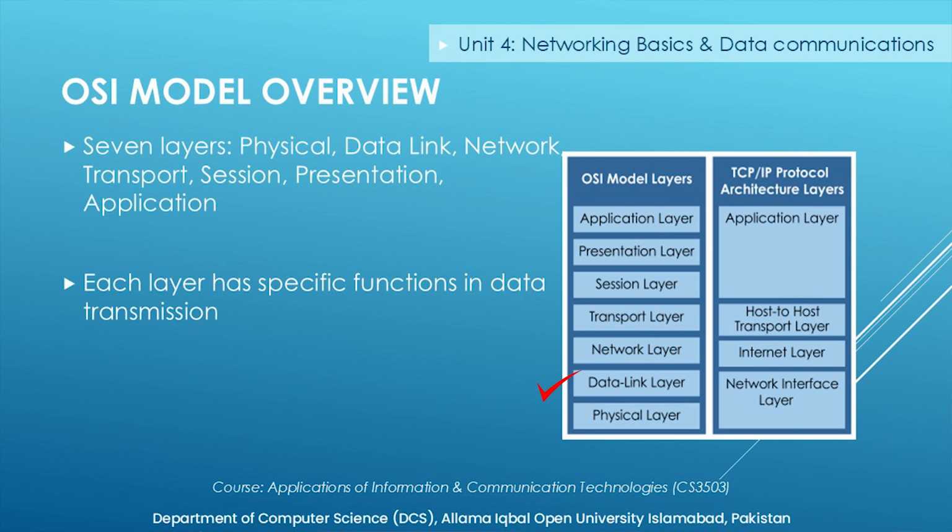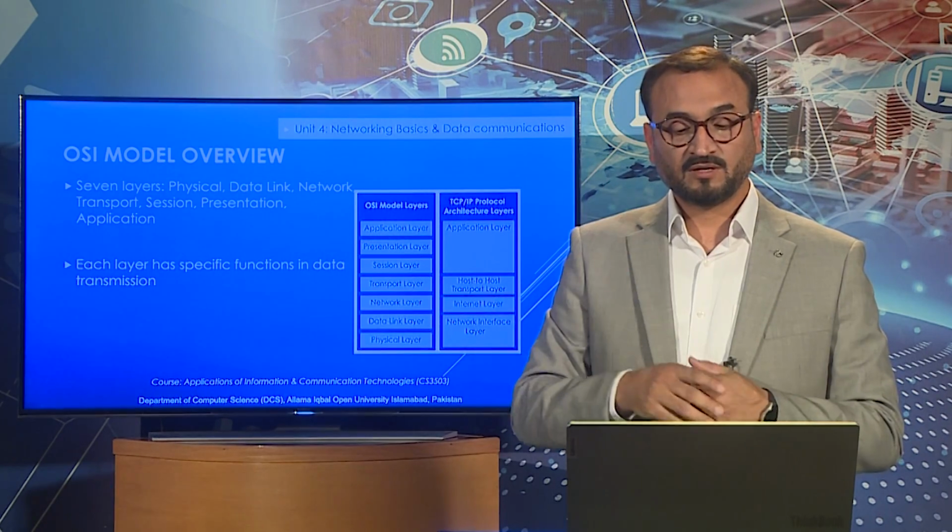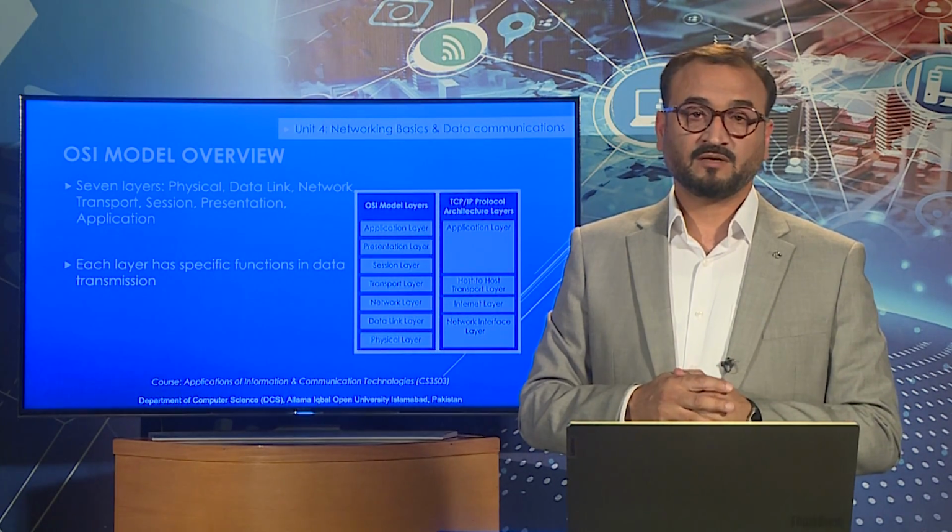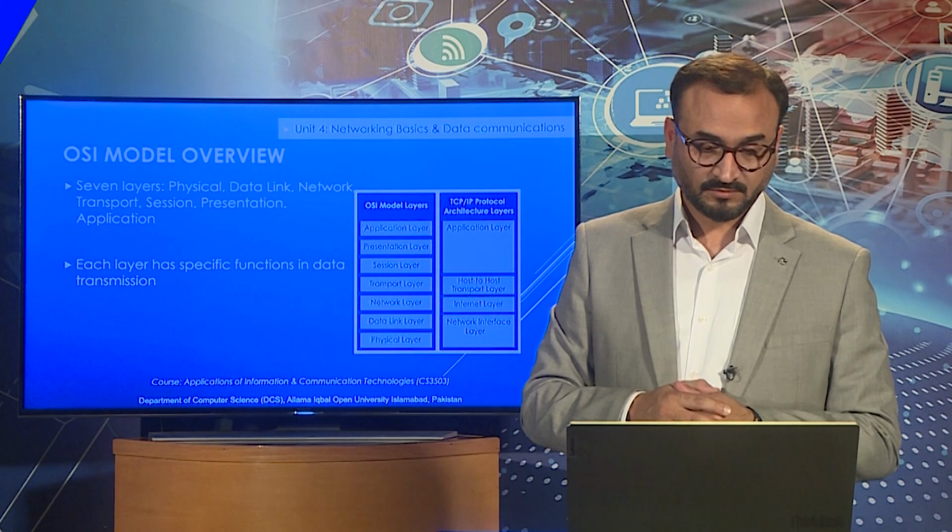Next is the data link layer. Data link layer is further divided into two sublayers, logical link control and the MAC layer. This layer is also used to provide reliability between two devices at the local level. The same thing we discussed over the transport layer, but that was in between applications.